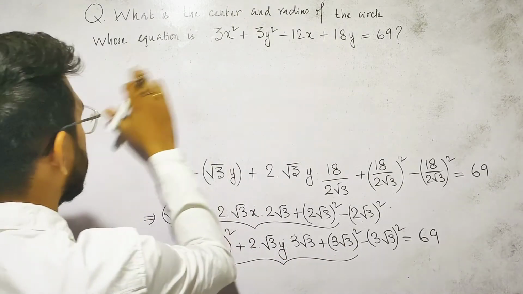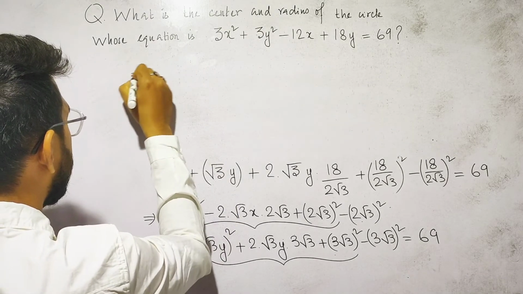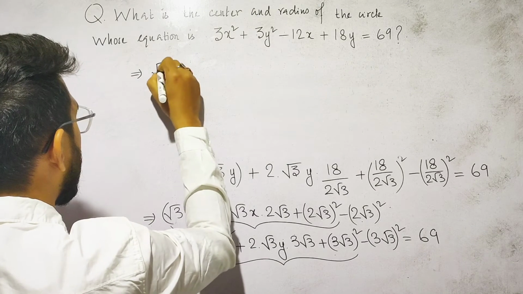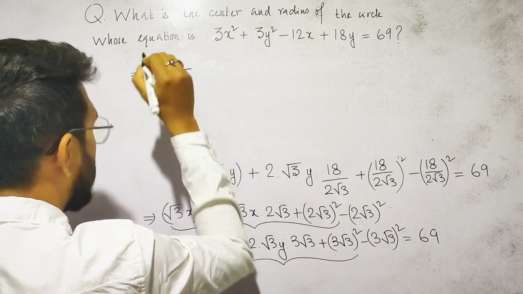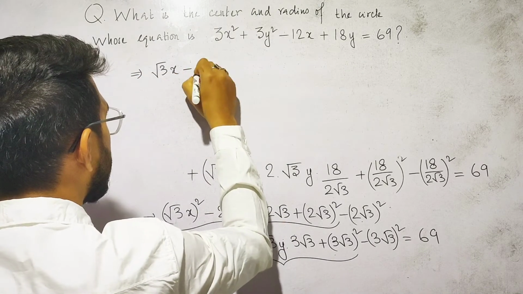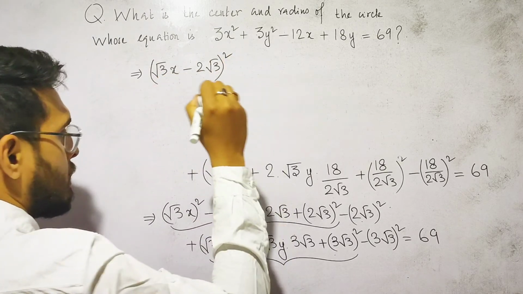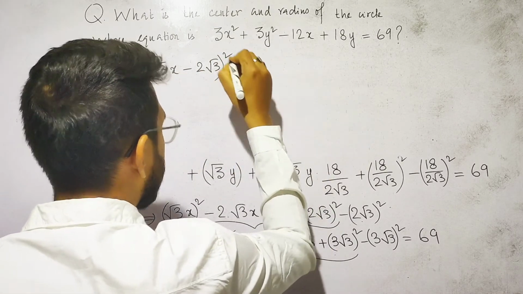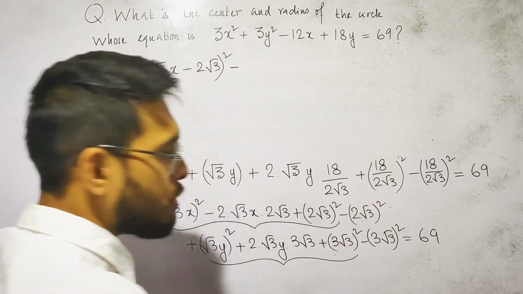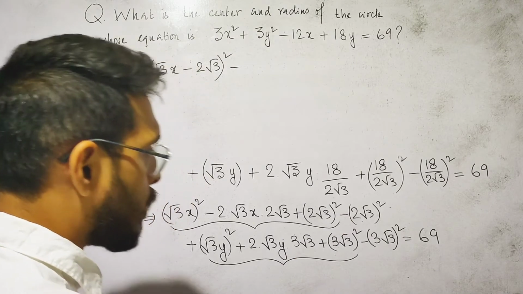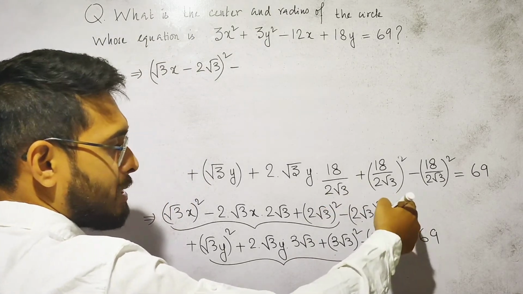So from here I can write root 3x, which is a, minus 2 root 3, which is b, whole square, minus, now there is a 2 root 3 whole square extra, so I have to write it. 2 root 3 whole square would be 2 square is 4, root 3 square is 3, that is 12.